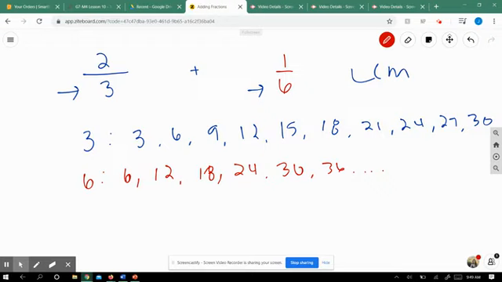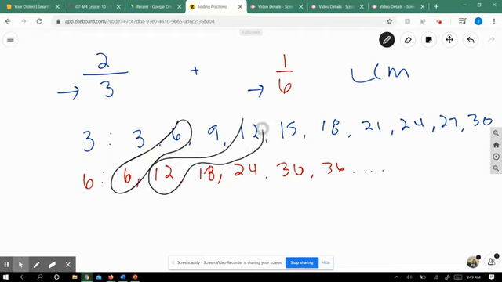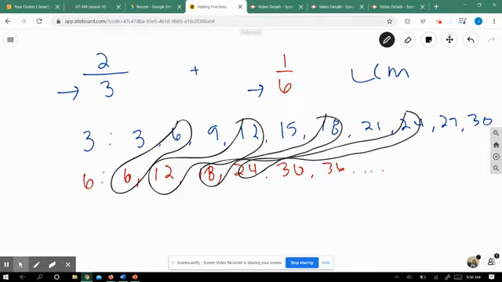The reason I'm stopping there is because I already see some multiples that we have in common with 3 and 6. First of all, we have 6 in common, we have 12 in common, we have 18 in common, 24 in common. It's every single one we have in common. Sorry, these are getting messy.